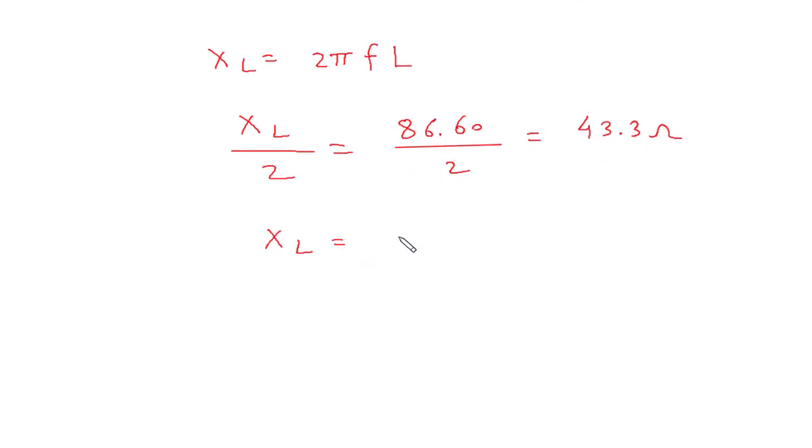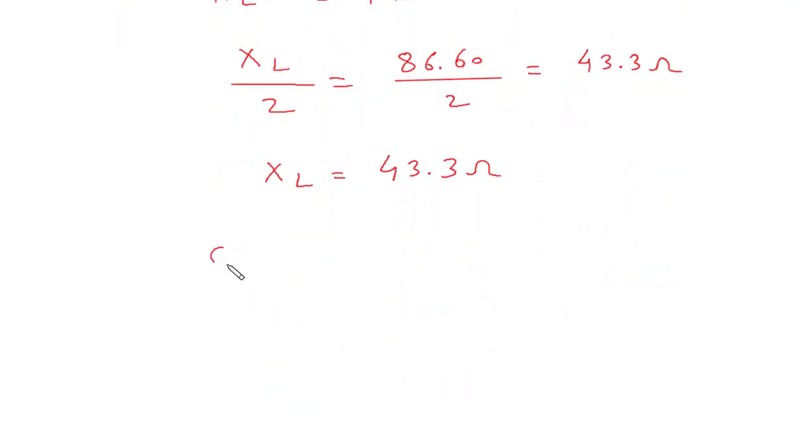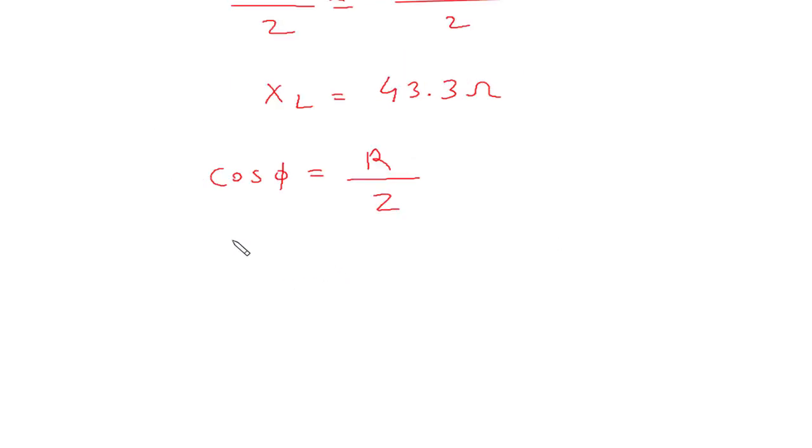XL is equal to 43.3 ohm. Now we have the formula for cos phi as cos phi is equal to R by Z. And Z is equal to under root of R square plus XL square.